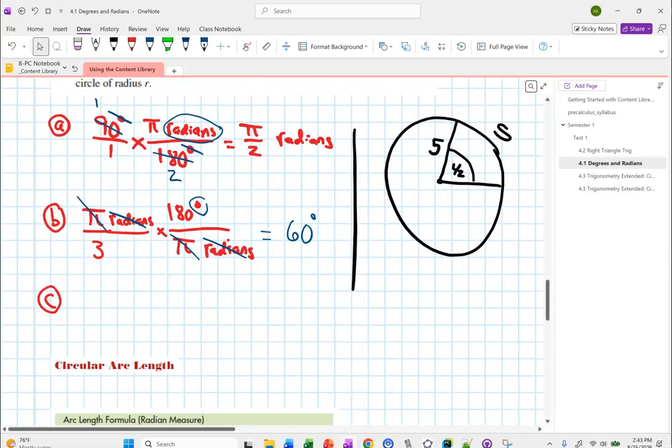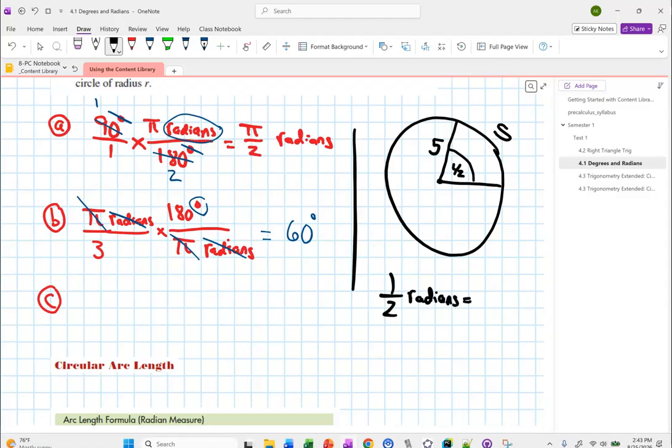So I have angle measure in radians equals arc length over radius. To solve for S, I just need to multiply both sides by 5. Done.